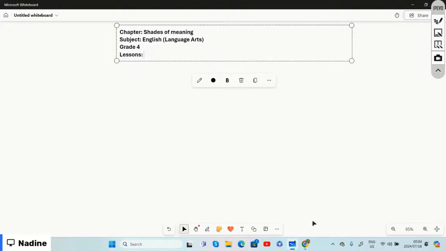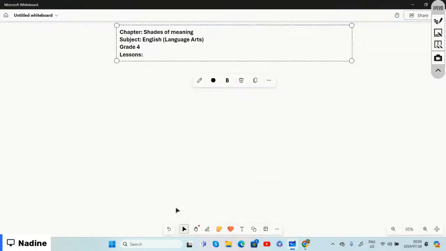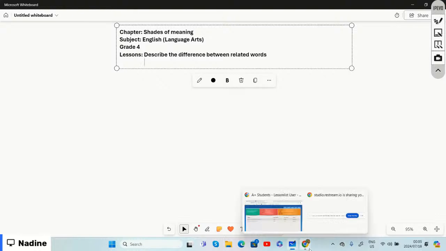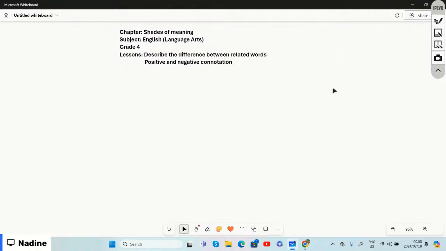And the lesson that we are going to be focusing on is describe the difference between related words, and positive and negative connotation. So that is going to be our lesson for today.